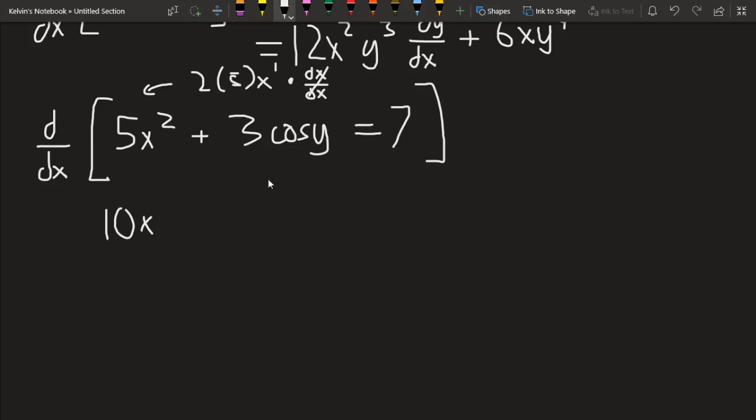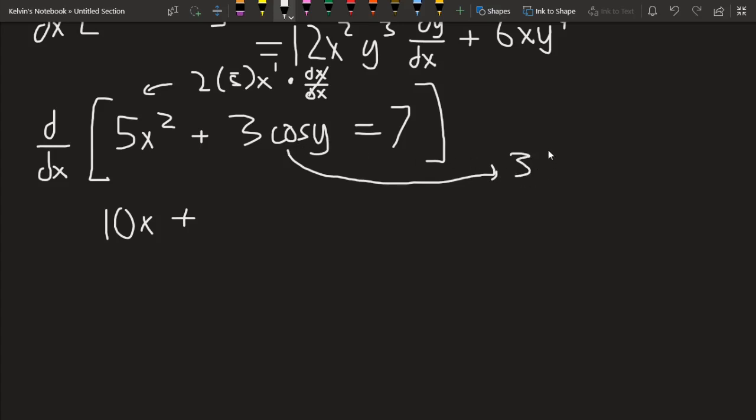And our second step here would be to find the derivative of 3 cosine of y. For this one, we can use the chain rule. What the chain rule states is that if we were to find the derivative of 3 cosine of y, it would be 3, and now we have to find the derivative of cosine.